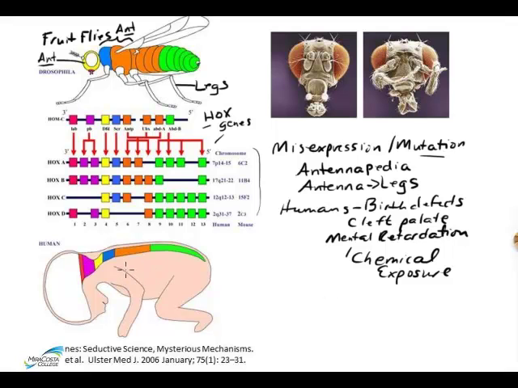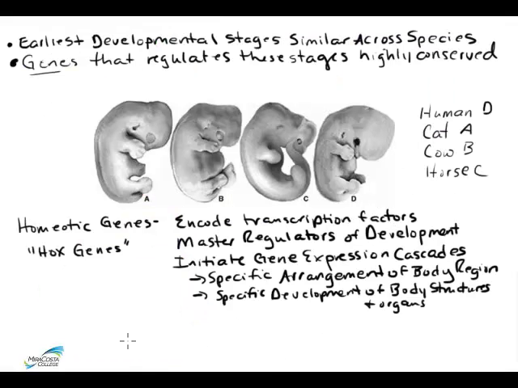So if you have, for example, mutations in the Hox genes that control limb development, so if we go back to our early embryonic stage, at this stage of development we have formation of these what are called limb buds, the early precursors to arms and legs, and the formation of those body structures, like so many, is controlled by these Hox genes, these homeotic genes that initiate gene expression programs that lead to the extension of that limb, the lengthening of that limb, and ultimately to the formation of individual digits within that limb, resulting in fingers and toes.